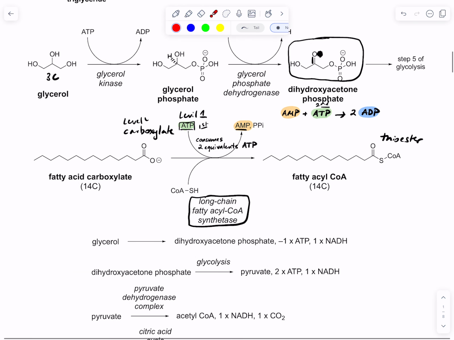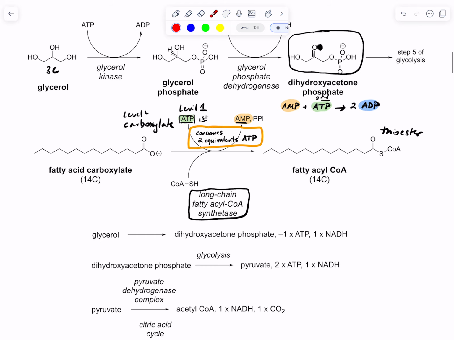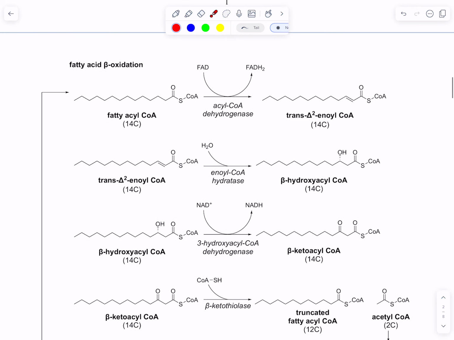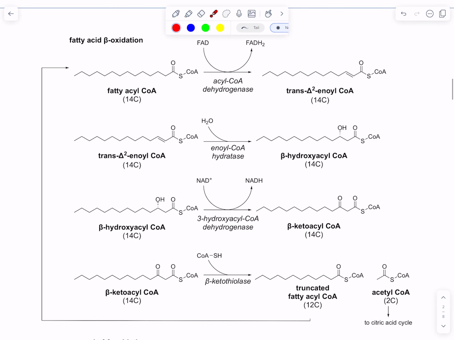Let's talk about, all right, the fatty acid carboxylate. We've already done activation to the thioester. We're down 2 ATP molecules for going from the carboxylate to the acyl-CoA. What happens next is a really beautiful and simple process called fatty acid beta oxidation.